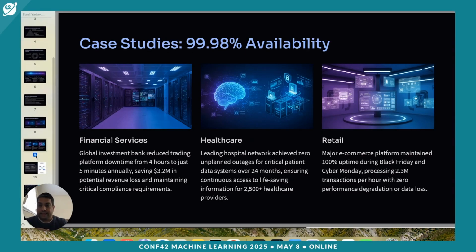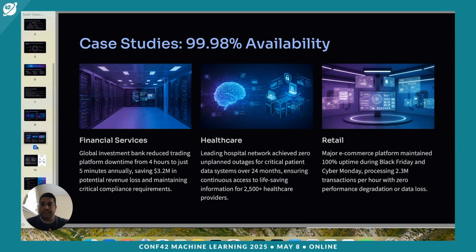Moving to the next slide. Here we are discussing the case studies of 99.98% availability of enterprise solutions. Finance services, healthcare, retail are a few of the top industries where Oracle Cloud Compute is utilized, and there are benefits like more than 99.98% availability, which helps all these organizations grow their business on a day-to-day basis because there are no outages.